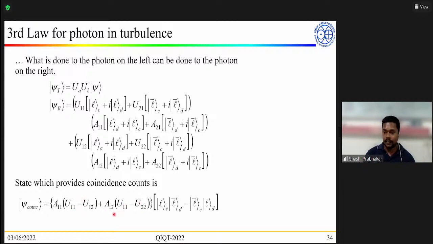Here, these two parameters, A11 and A12, are the modes which convert one to the other, this 1, 2 and here 1, 2. This says how much your turbulence is affecting, or whether your mode L equal to 1 is changing to another mode or coming back.